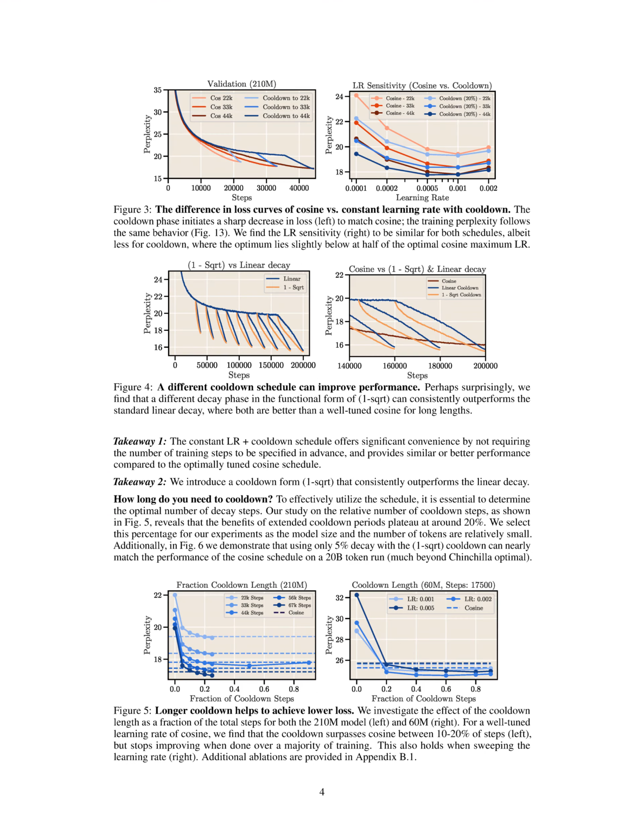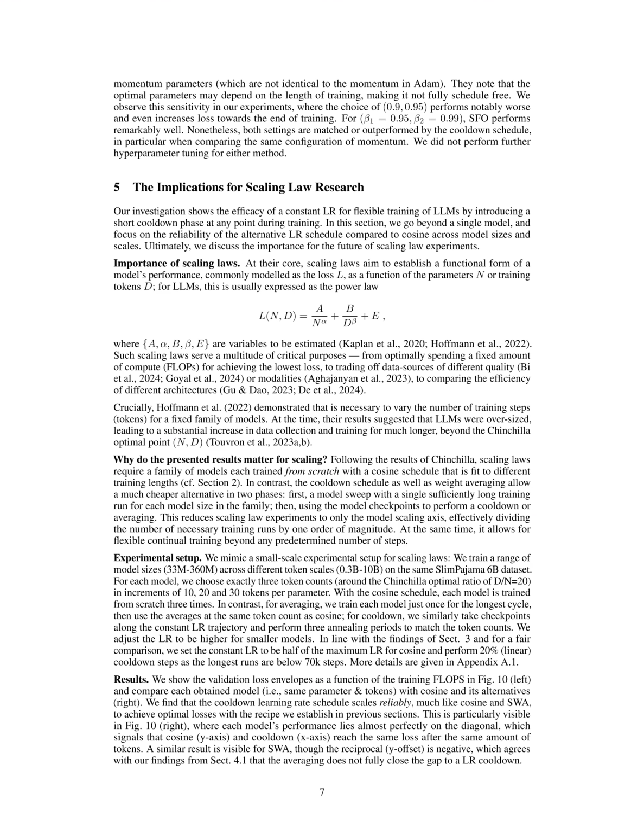The results show that the constant learning rate with cooldown schedule scales reliably and achieves optimal losses similar to cosine and weight averaging. The experiments demonstrate that the model's performance aligns almost perfectly on the diagonal, indicating that both cosine and cooldown reach the same loss after the same amount of tokens.